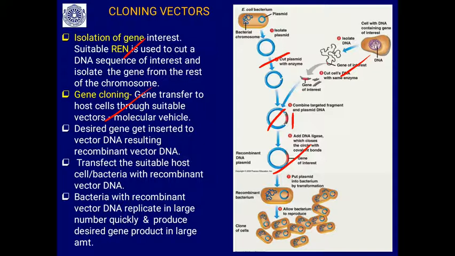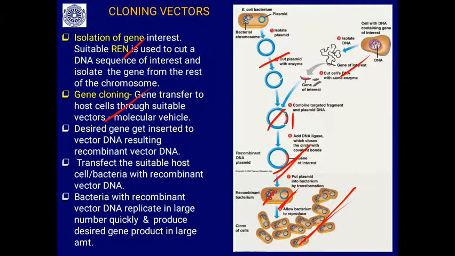This recombinant cloning vector we send in to make the bacterium accept this DNA. So this is the cloning vector. It is not going to disturb the bacterial chromosome. That's how the bacteria with this recombinant vector replicate, and within no time they produce thousands of copies of the gene of interest.